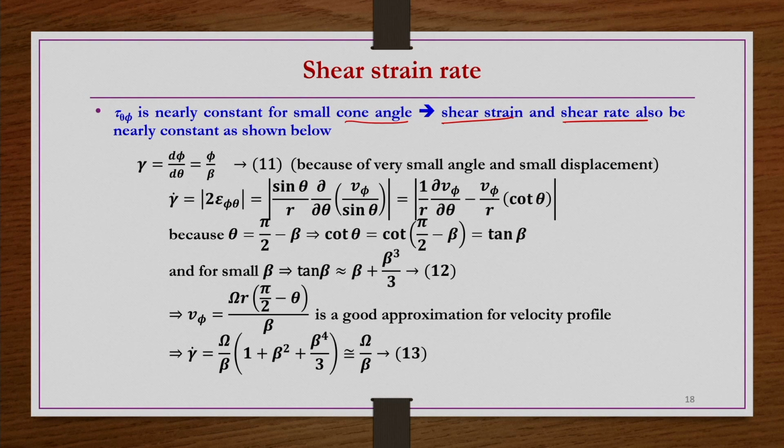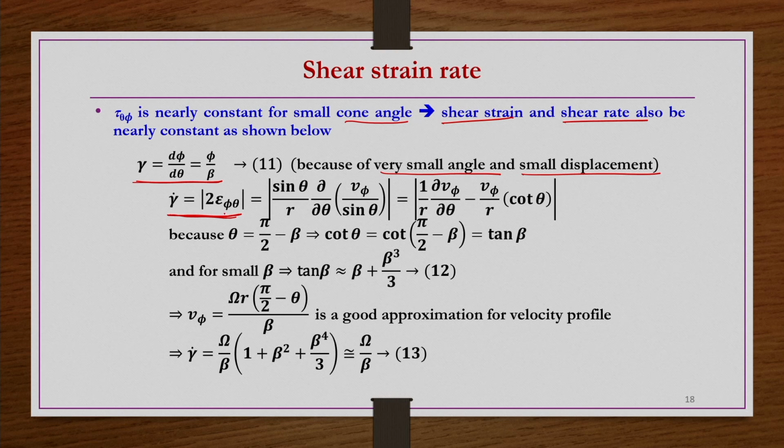So, for the shear strain gamma, we have rotation in the phi direction and variation in the theta direction. So, d phi by d theta is equal to phi by beta, because of the very small angle and small displacement as well. From the components of rate of deformation, we know that gamma dot is nothing but the modulus of 2 epsilon phi theta.